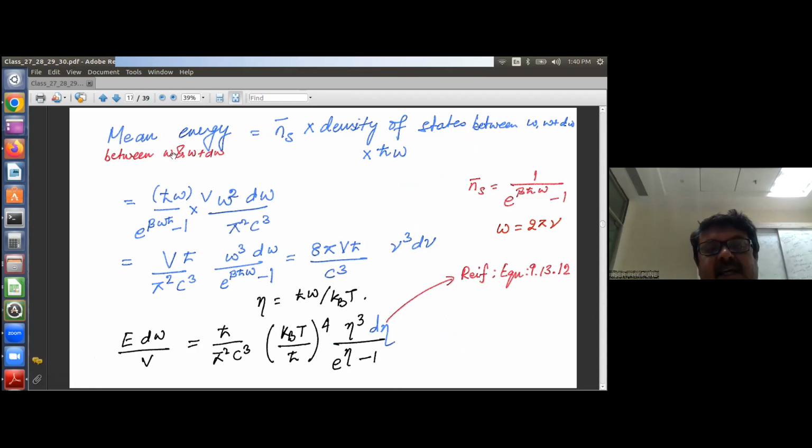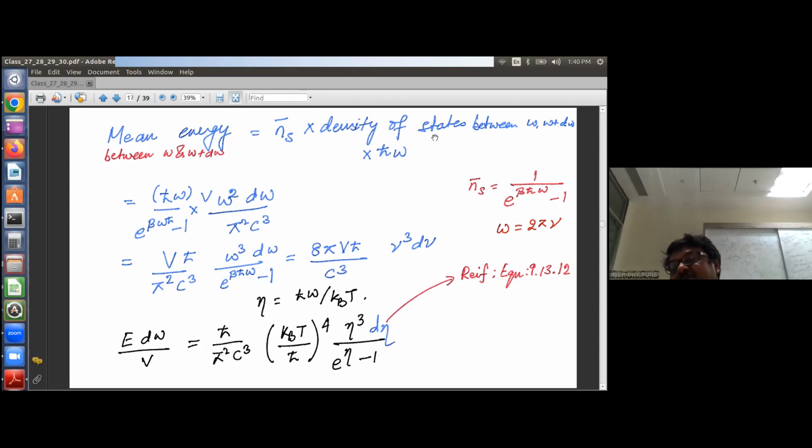It's basically the mean energy between omega and omega plus d omega per unit area and per unit time, and so on and so forth. Well, that is not here yet, but it's basically the average number of photons in a particular energy level, which depends upon k_B T, because we already got that expression. So we got the expression n bar_s equal to 1 upon e to the beta h cross omega minus 1, where omega was 2 pi nu, into the number of states.